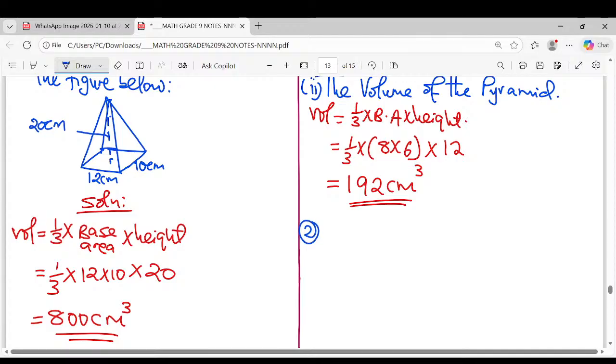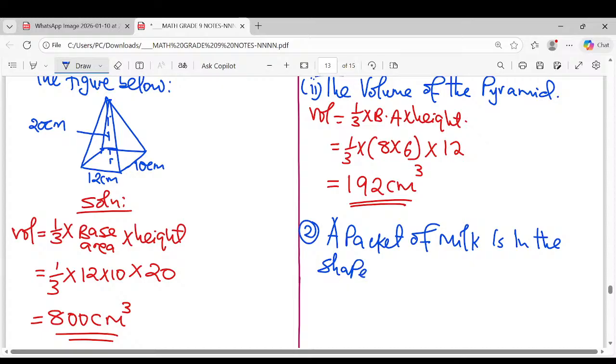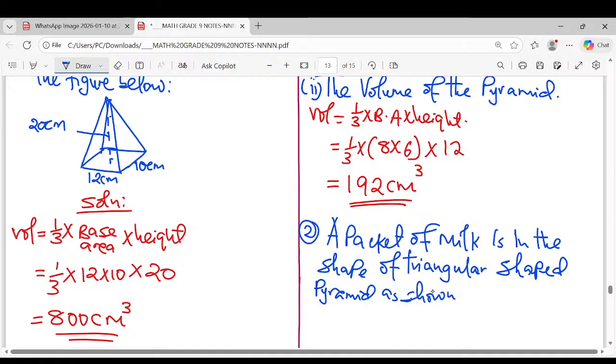In example number 2, the question is, a packet of milk is in the shape of a triangular pyramid as shown below.